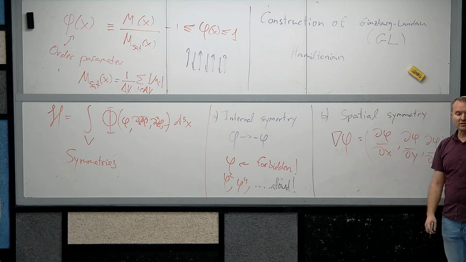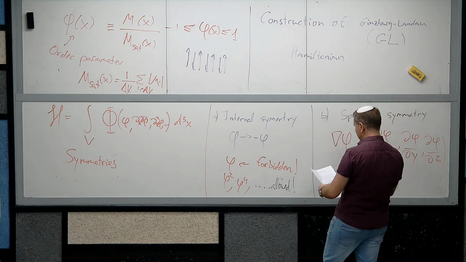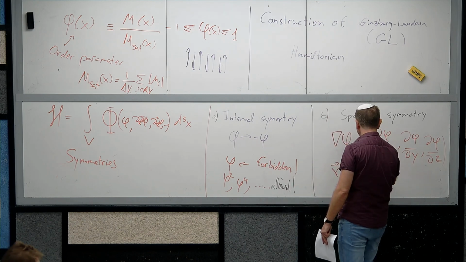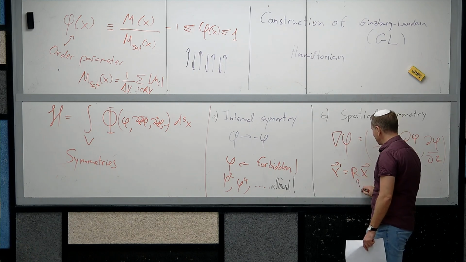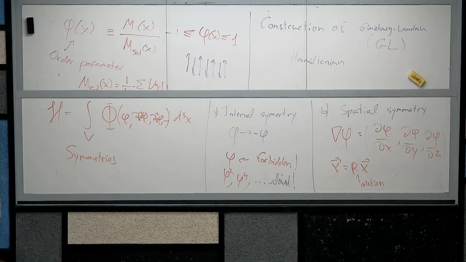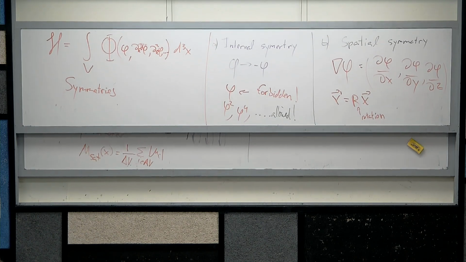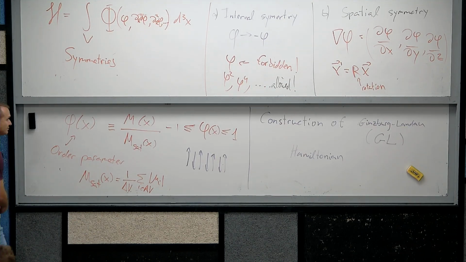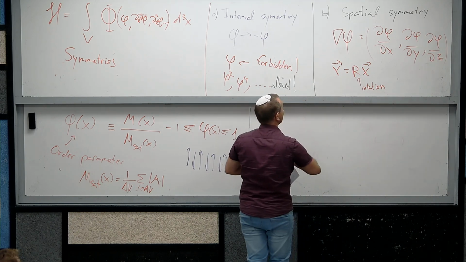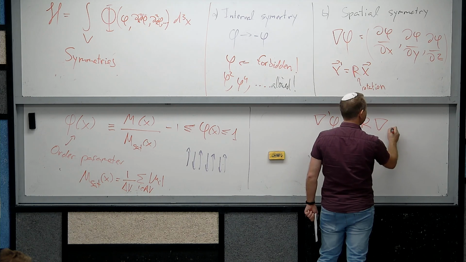So if I rotate the whole system, x prime is some matrix R multiplied by x. Then gradient prime of phi goes to R gradient of phi.